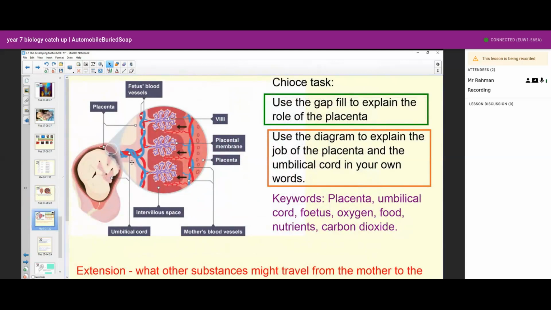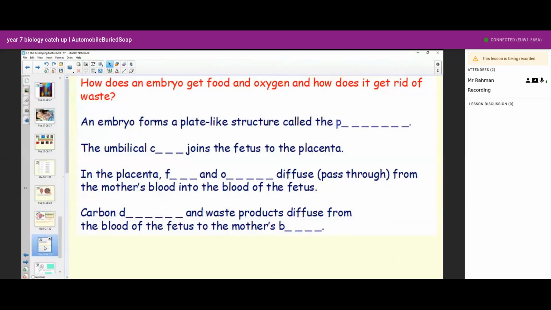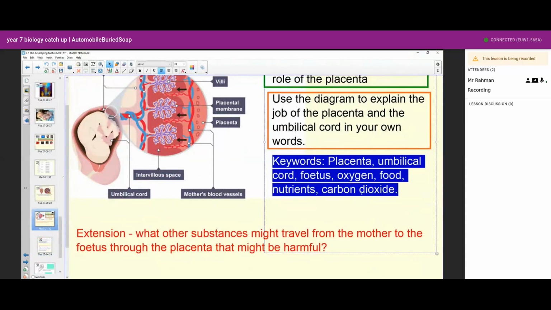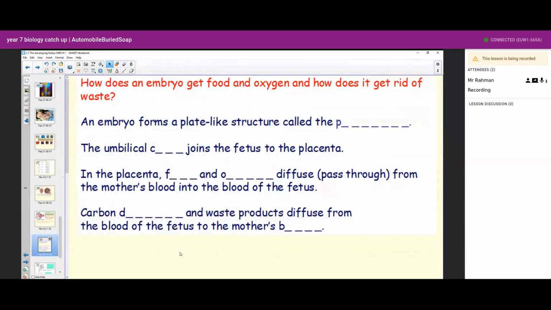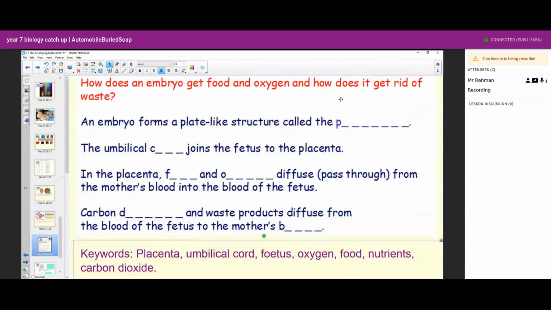Right, so for the next task, what you can do is use these keywords. We've got a gap fill here, and we've got the keywords at the bottom in purple.